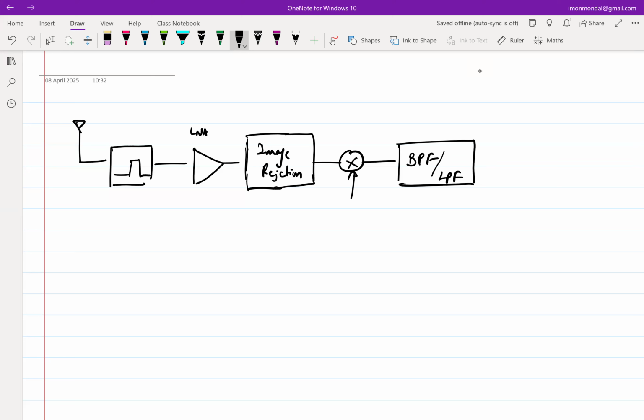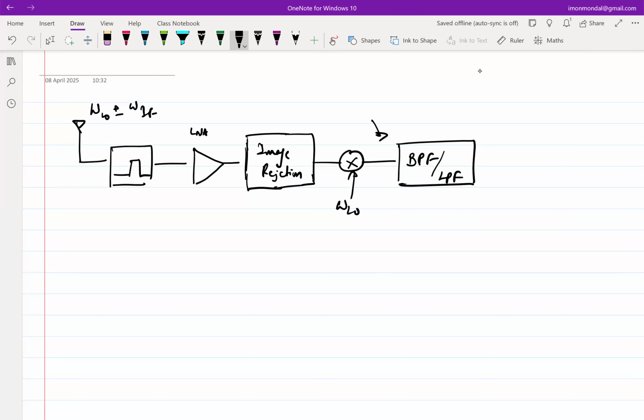This is not direct down conversion. This is super heterodyne, which means the input here can be at omega LO, by the way, this is always omega LO, plus or minus omega IF, where one of them, either plus, is the frequency of choice and the negative is the image, or the other way.